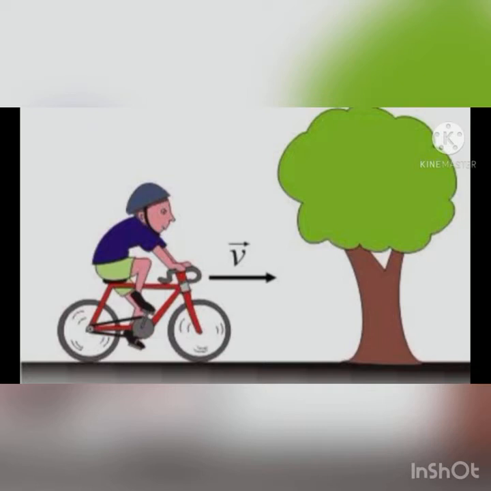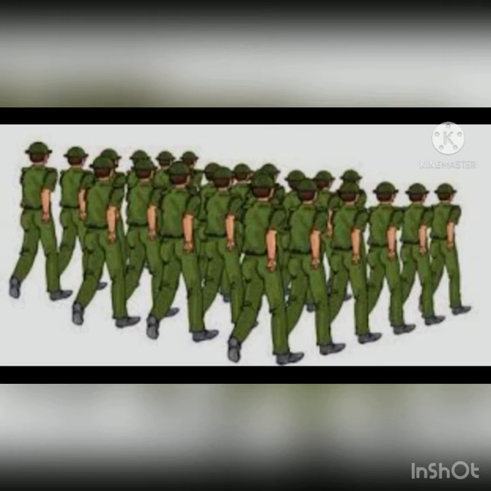Now students, linear motion also has subtypes. There are two subtypes of linear motion. First is uniform linear motion. Now, have you seen the motion of soldiers in a parade? They all look the same, they all move the same, correct?